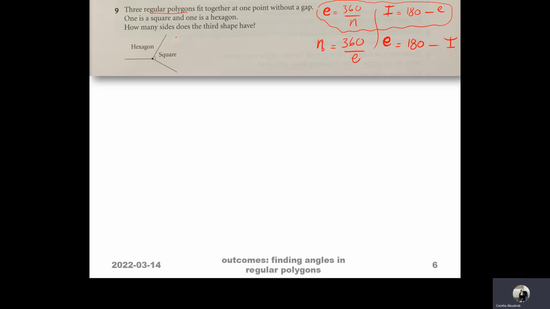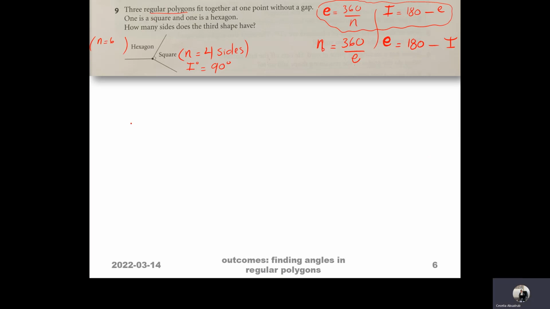Okay, so three regular polygons fit together at one point without a gap. One is a square, so we know that the square has N equal to 4 sides. And we know that the interior angle of a square is 90 degrees, okay? And one is a hexagon. The hexagon has N equal to 6 sides, okay?